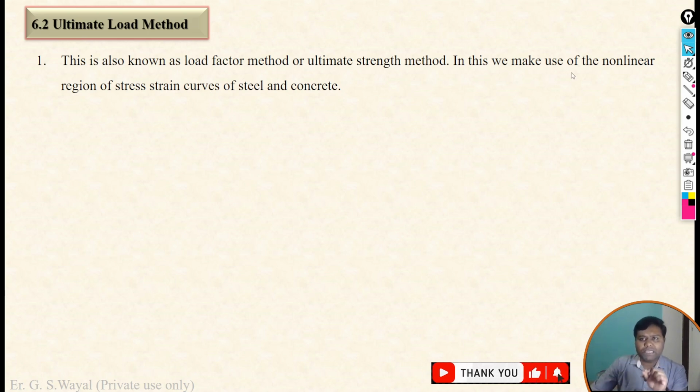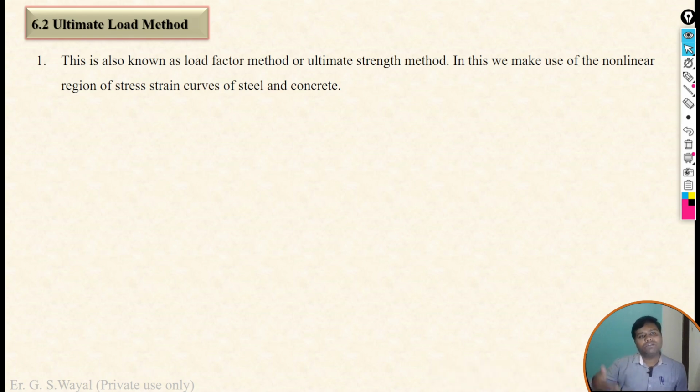In this we make use of the non-linear region of the stress-strain curve of steel and concrete. Basically, why do we call this method the ultimate load method? Because we are considering the factored load, or the ultimate load, for the design of our member. For the design of steel, concrete, or any member, we are considering the non-linear region.